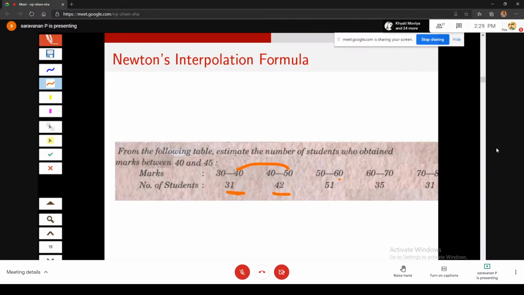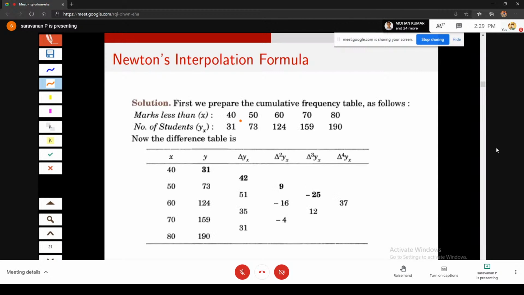Less than 60 is 31 plus 42 plus 51, etc. So I convert the table into this form. There are 31 students whose mark is less than 40. There are 73 students whose mark is less than 50. 124 students whose mark is less than 60, etc.